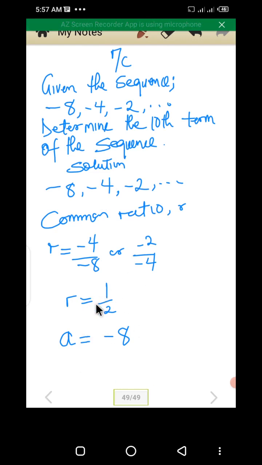Since we have the common ratio and the first term, this is a GP. To find the 10th term, we go to the formula Tn, which is ar^(n-1).